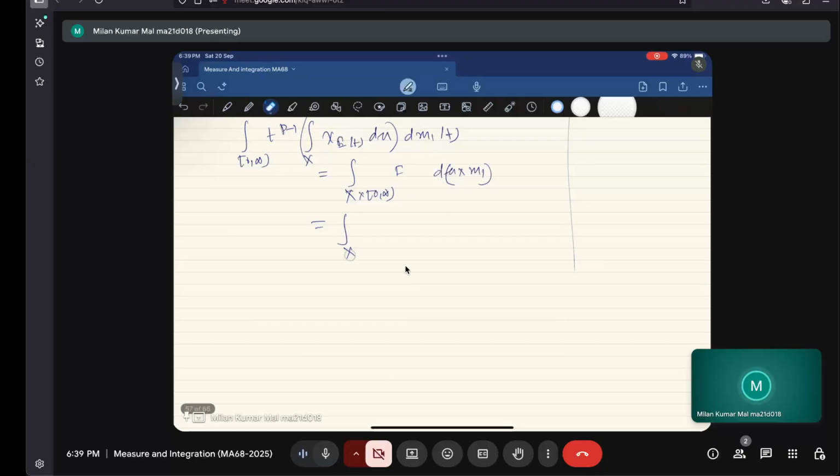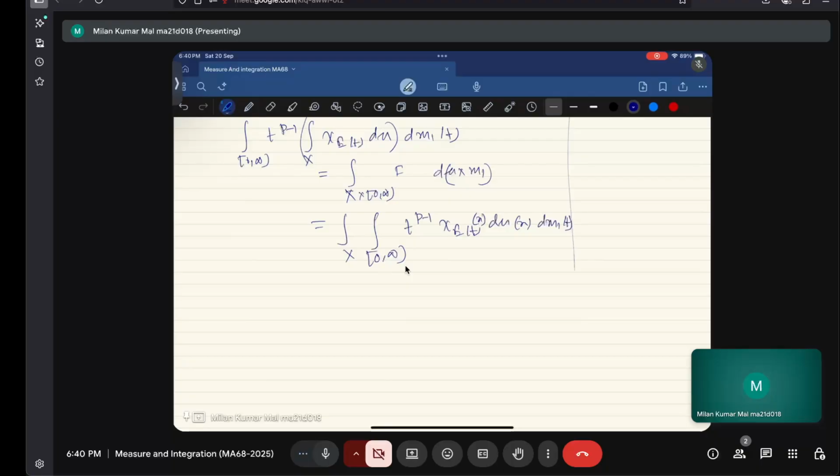So this can be written, note that E_t is actually ranging in value from 0 to |f(x)|. The main point is that I don't need the full 0 to infinity, because outside that the function is zero. So one can write the integral from 0 to infinity of t^(p-1) times the characteristic function of E_t at the point x, dm1(t).